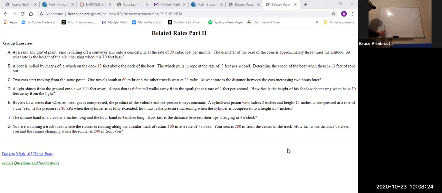The diameter of the cone is actually 2r. And we know that that diameter is about 3 times the altitude. So we've got 2r is equal to 3 times h.